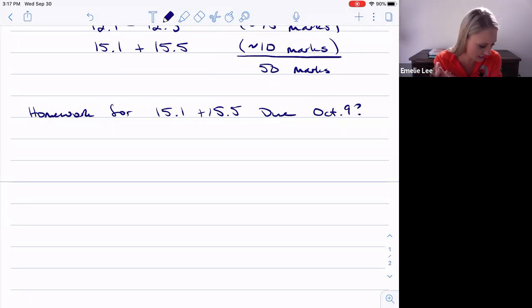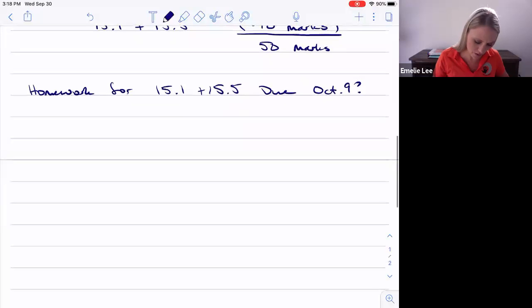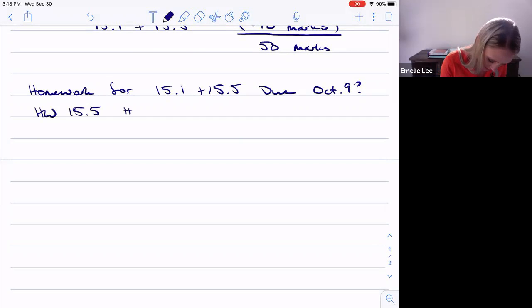I went through the chapter 15 homework just to make sure, because as we're jumping around, sometimes they'll do stuff that we haven't covered yet. A couple of notes for homework 15.5, numbers 7 and 8.